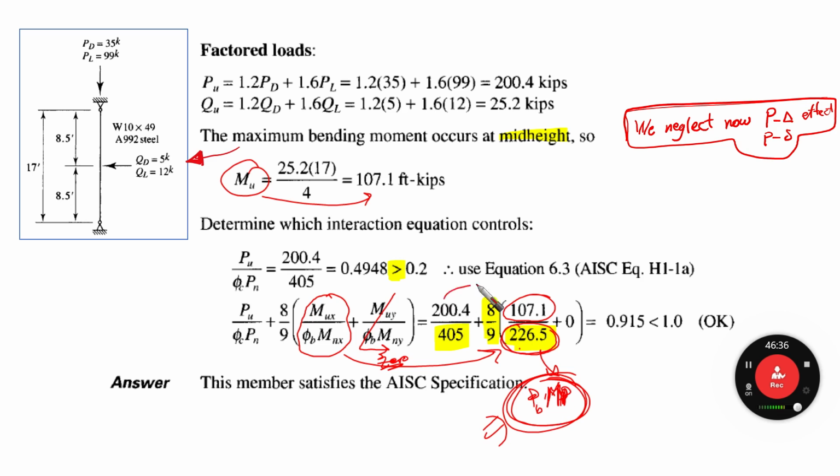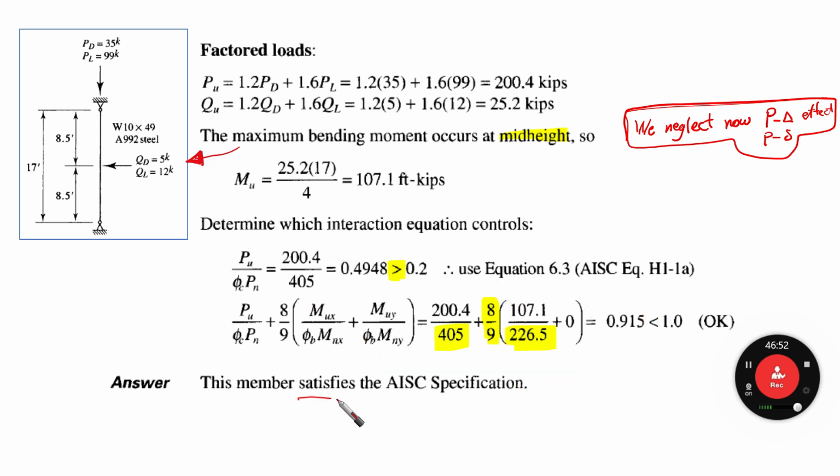When we put both together, we're going to find that it reaches 0.9. Still, it is less than 1. This means that our cross section is working well, and we can say that this member satisfies the AISC specification, which is W10 by 49.